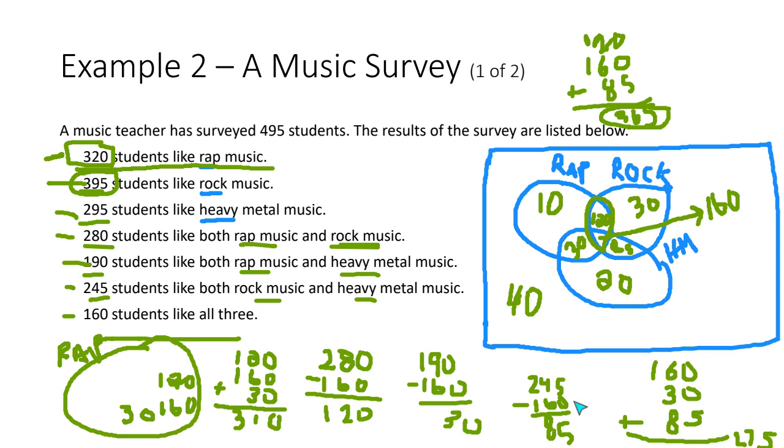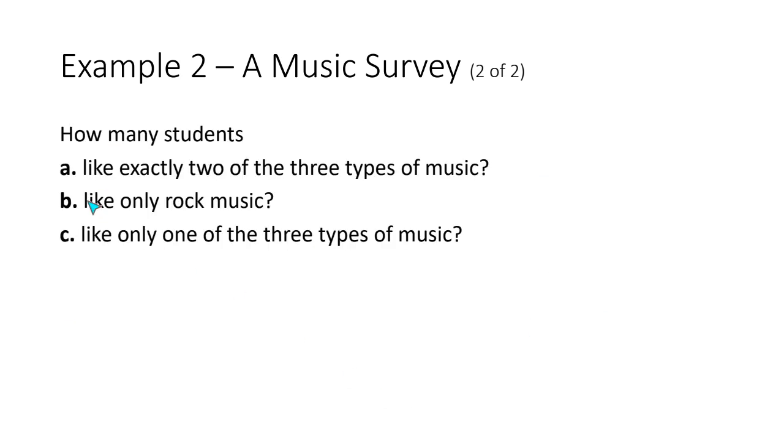So that would be represented by the number 85 plus 120 plus 30. So that's going to be 235 students that like exactly 2 of the 3 types of music. Okay, and then letter B was like only rock music. I think we answered that one already.